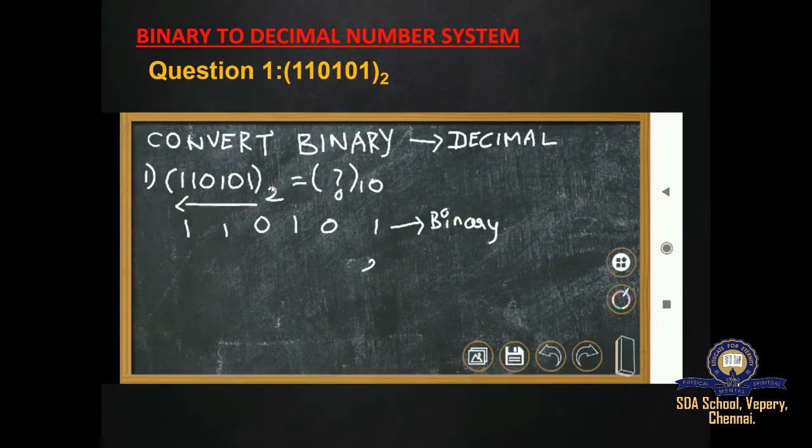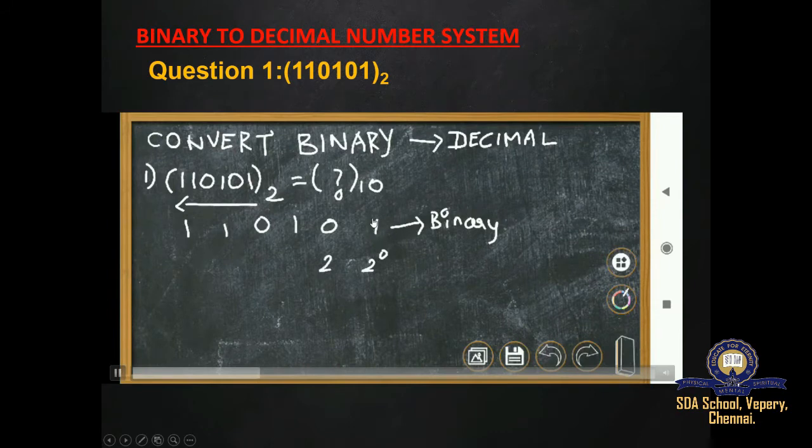power 1, like that we have to arrange from the right hand side. This is the 2 power 0 place, this is 2 power 1, this is 2 power 2, 2 power 3, 2 power 4 and 2 power 5. These are our powers. Now the third step is we have to find the value of the powers.